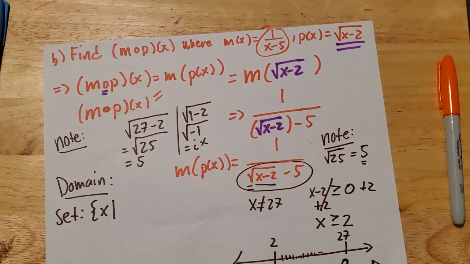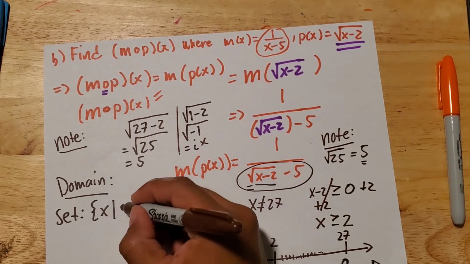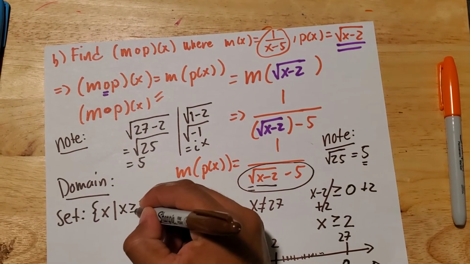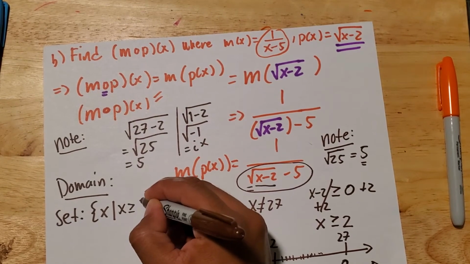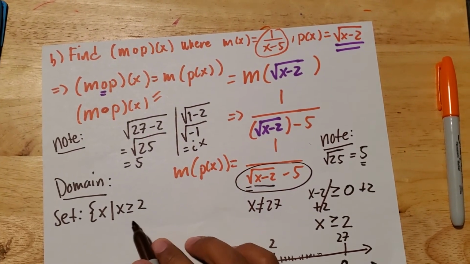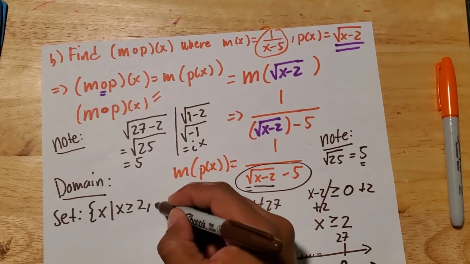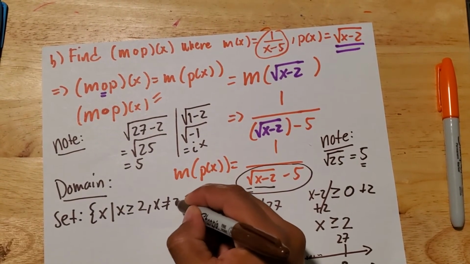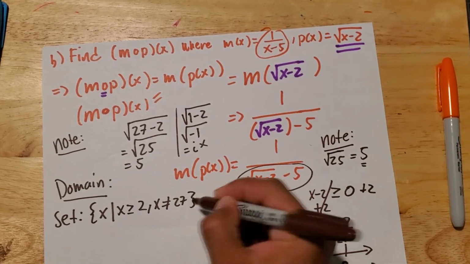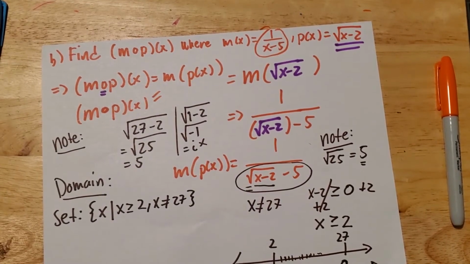But from 2 all the way above, all of them work except 27. So a similar idea, we can say that x is all the values that are 2 and bigger than 2 except 27, because it's the only one that's not included.